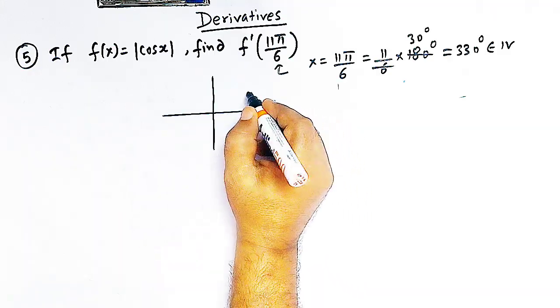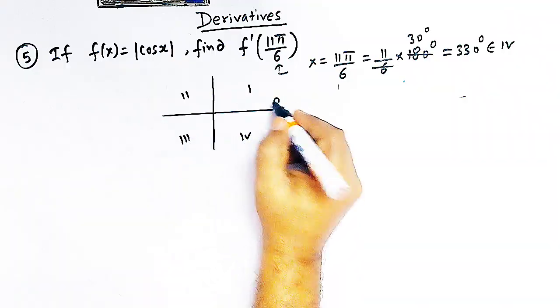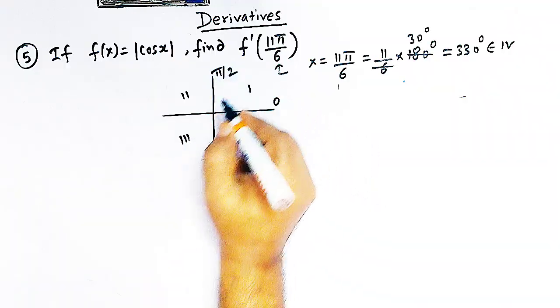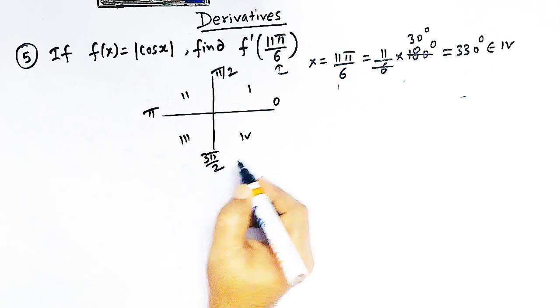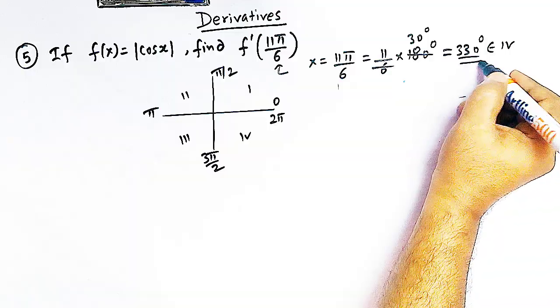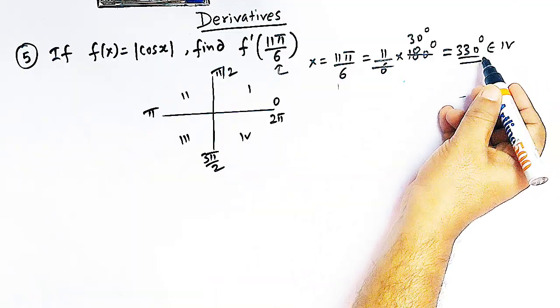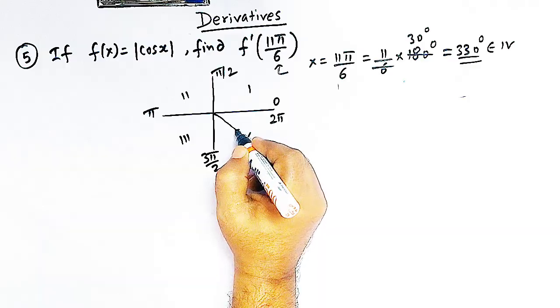This is the first quadrant, second, third, and fourth. Here we have 0, here we have pi by 2, here we have pi, here we have 3 pi by 2, and here we have 2 pi, right? So this angle 330 degrees falls in the fourth quadrant, right?